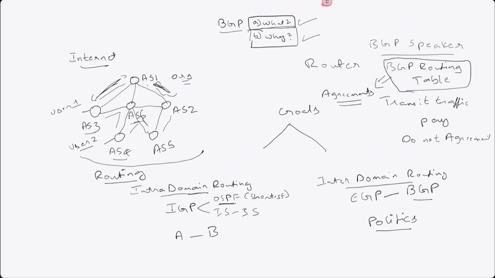So BGP is an exterior gateway protocol, which is going to route packets between ASs, and it is going to do so by looking at the BGP routing table, which is formed as a reflection of the policies or agreements that exist between ASs, right?